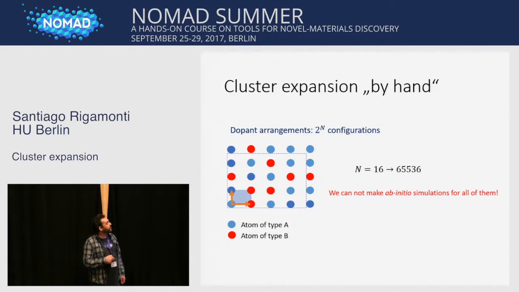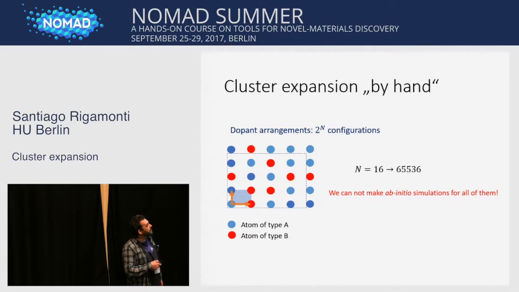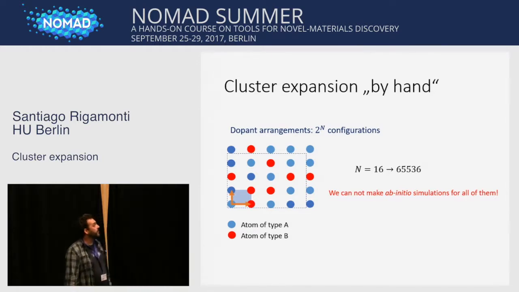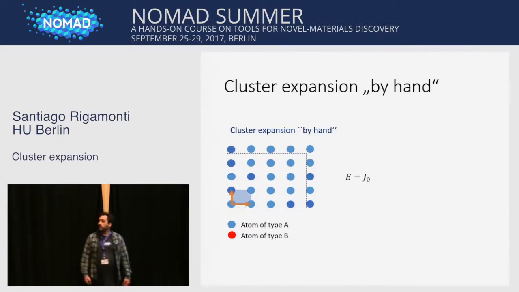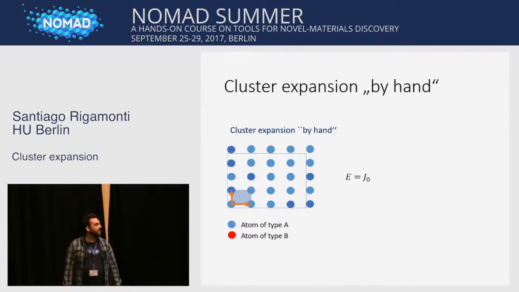If you consider that you have two possibilities for each site, this is 2^N without counting symmetries. So this amounts to more than 65,000 configurations just for 16 sites. Therefore, we can of course not make ab initio calculations for all of them. Therefore, we use the cluster expansion method.